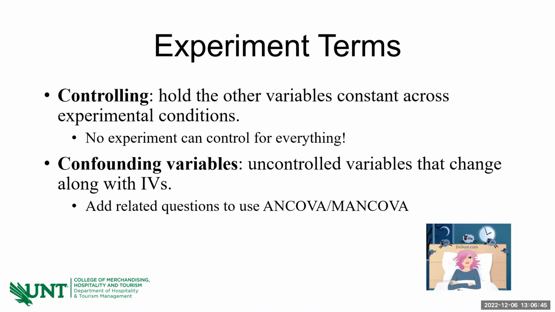The next set of terms are controlling variables and confounding variables. First, controlling variables are the ones that you try to hold constant across the experimental conditions.